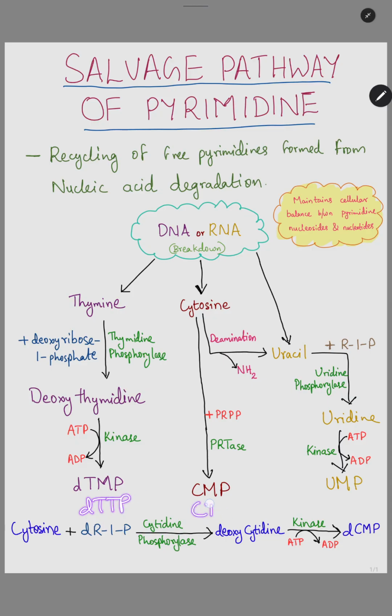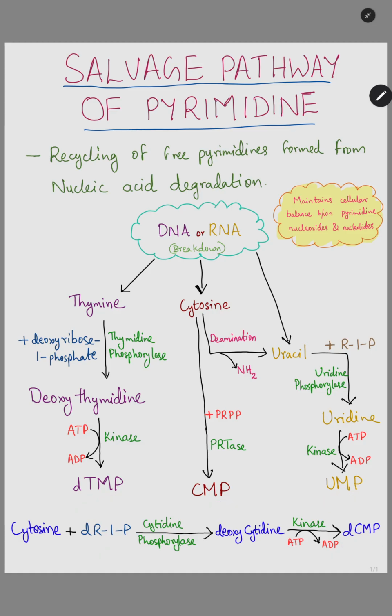So dTMP becomes dTTP, CMP becomes CTP, UMP becomes UTP and dCMP becomes dCTP. So that is about the salvage pathway of pyrimidine.